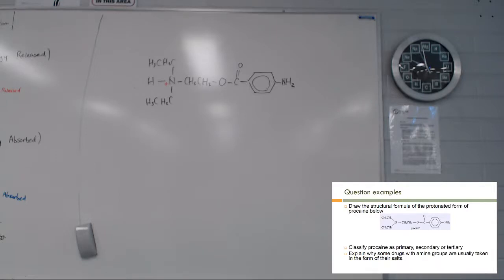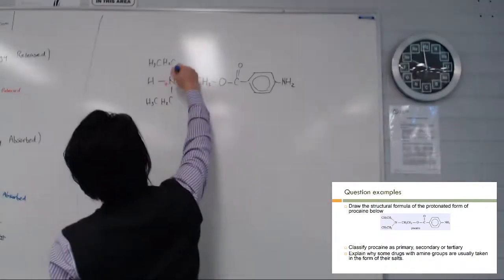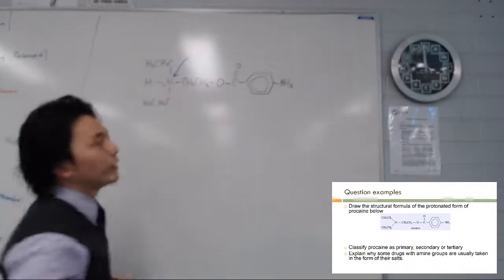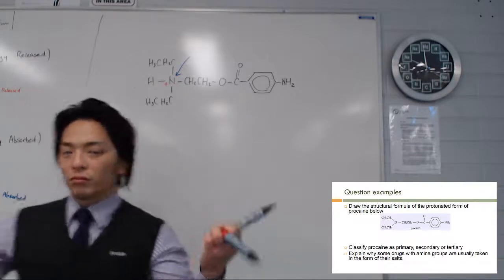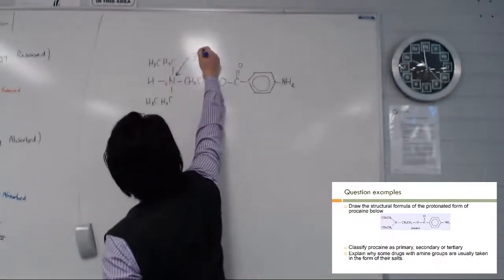All right, the next question says classify procaine as primary, secondary, or tertiary amine. Tertiary. I would go with tertiary too. Well, it depends on which amine group you're looking at. So this one originally, what would that amine part be? I think you were all looking at that one first.